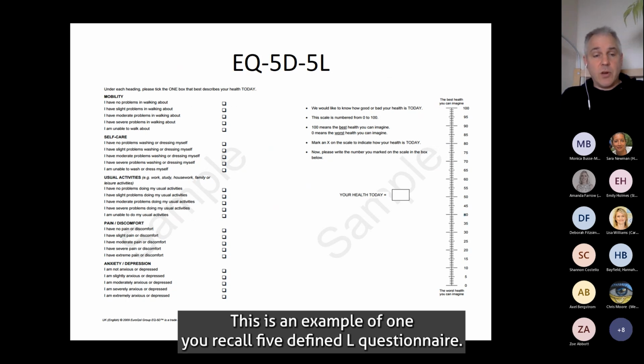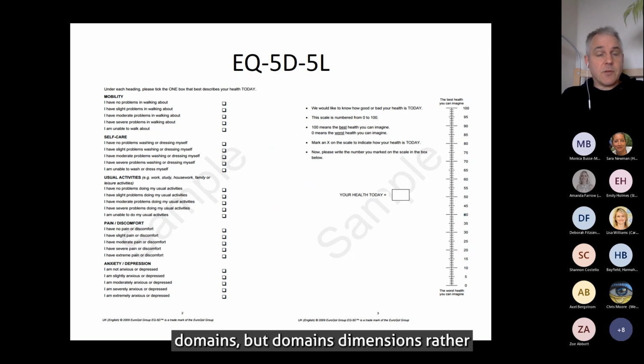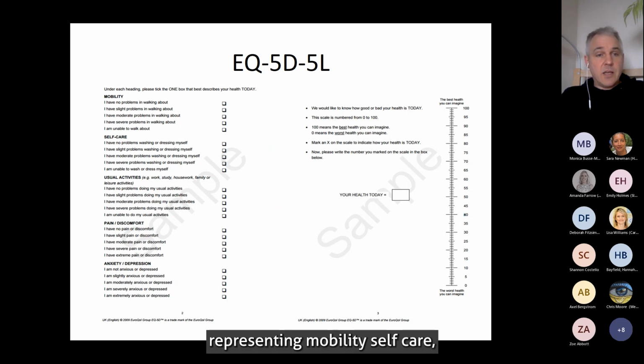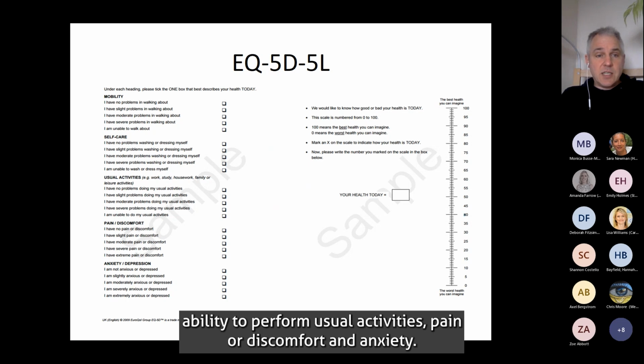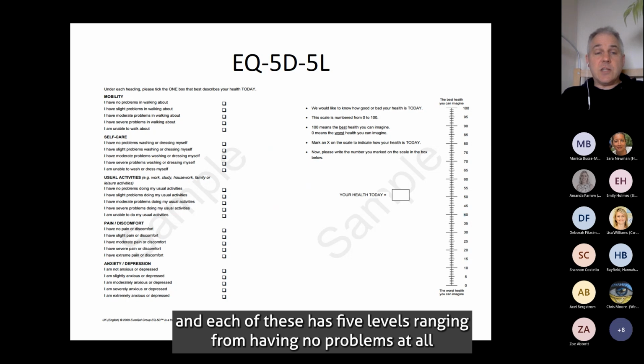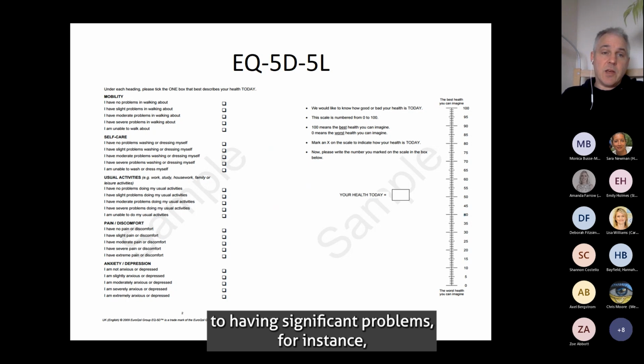This is an example of one, the EuroQol 5D-5L questionnaire. 5D represents the fact that it has 5 dimensions, representing mobility, self-care, ability to perform usual activities, pain and discomfort, and anxiety, depression, listed here on the left. And each of these has 5 levels, ranging from having no problems at all to having significant problems.